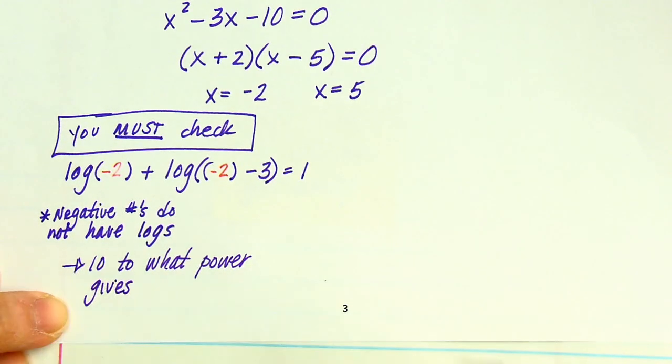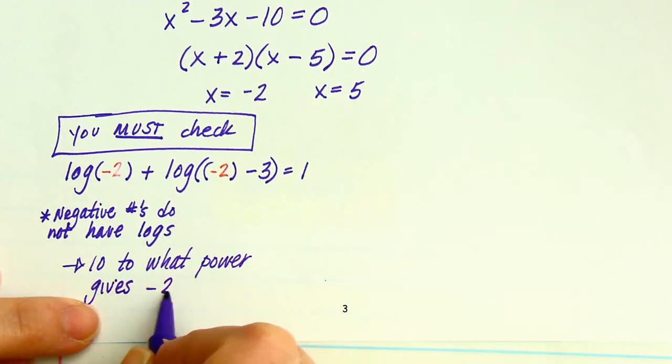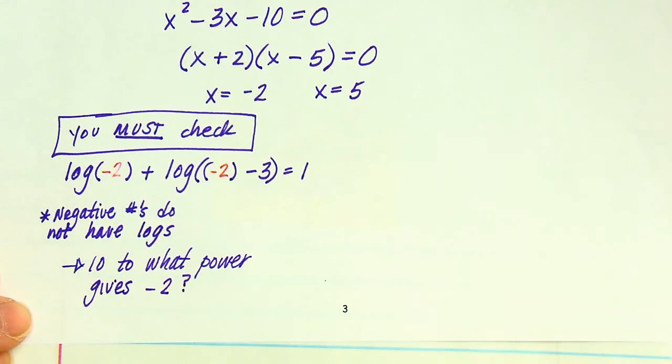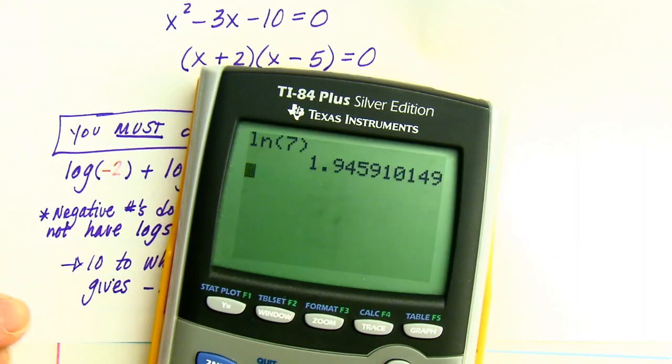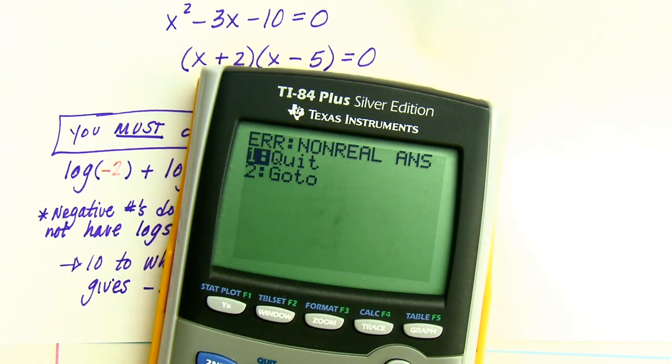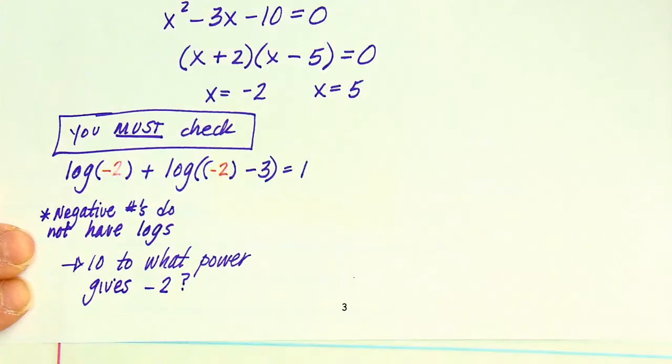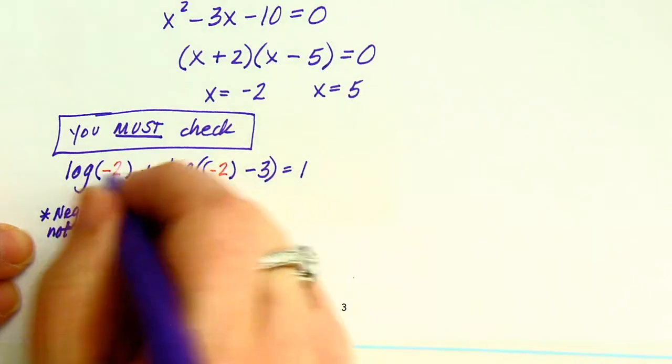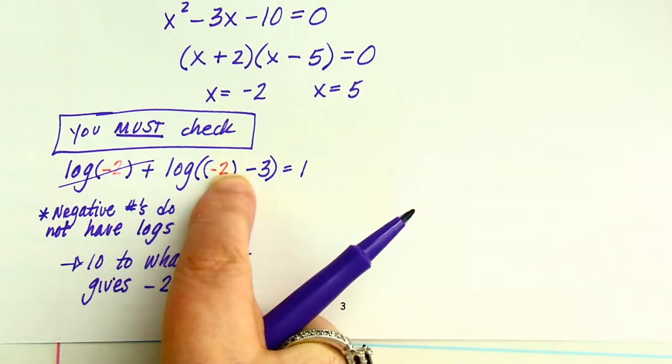I don't think that's ever going to happen. Let's type it in the calculator and see what happens. Log negative 2. Ah, non-real answer. Doesn't exist. Okay, so can't be negative. It's because of that. This one too, right? Can't be negative.